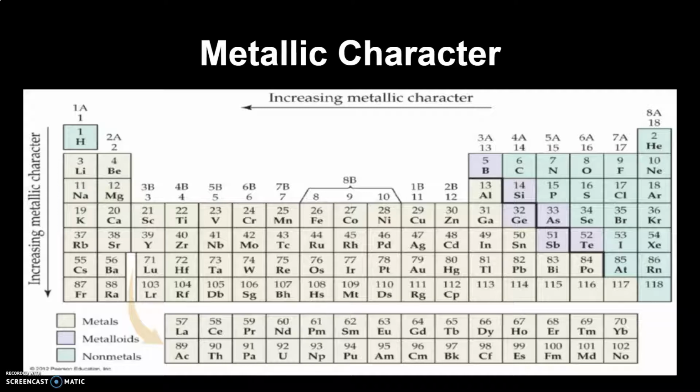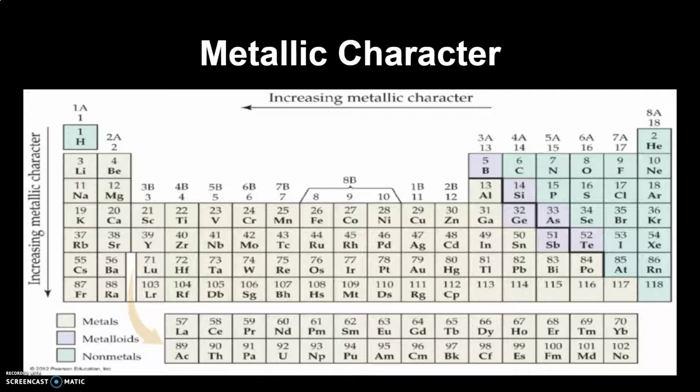The part that isn't quite as clear, grab a hold of carbon in column 4A. If you look at carbon and you go down the column, notice that carbon's like, I don't know, that can go either way. It's sort of metalloid-ish, but you go down to tin and lead at the bottom. Those are definitely metals.